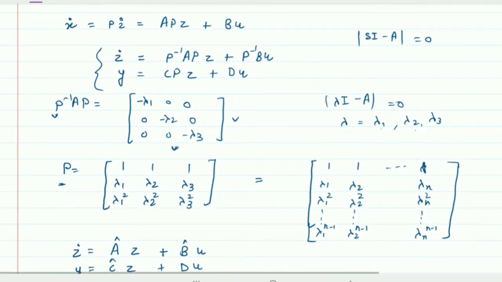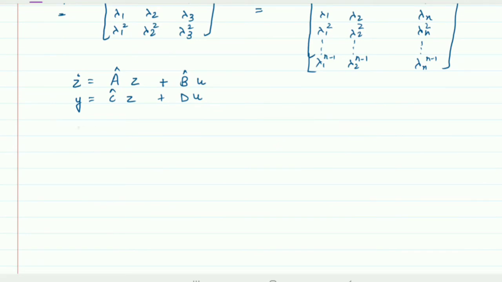You can see that D is the same in both cases. So the A hat matrix is equal to P inverse AP, which will always be in the diagonal form: minus lambda 1 0 0, 0 minus lambda 2 0, 0 0 minus lambda 3.